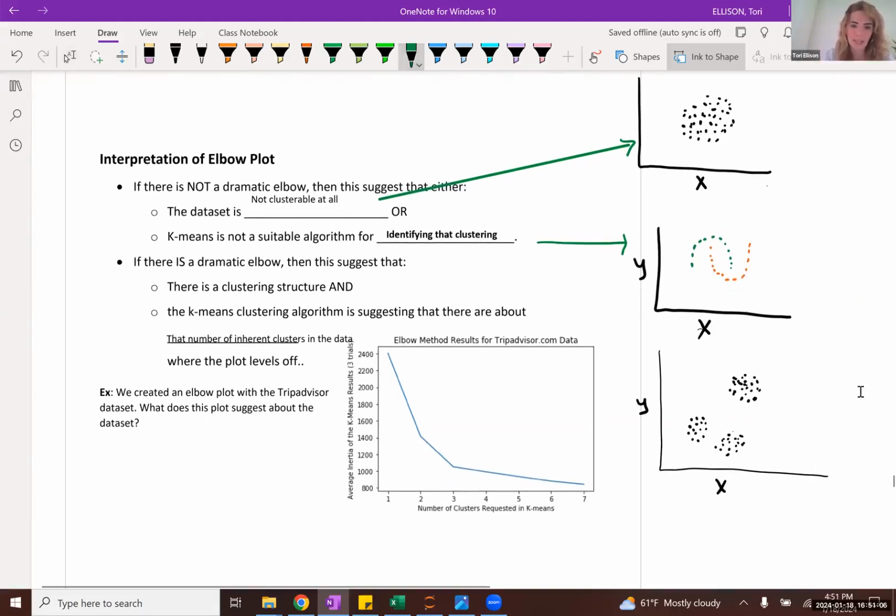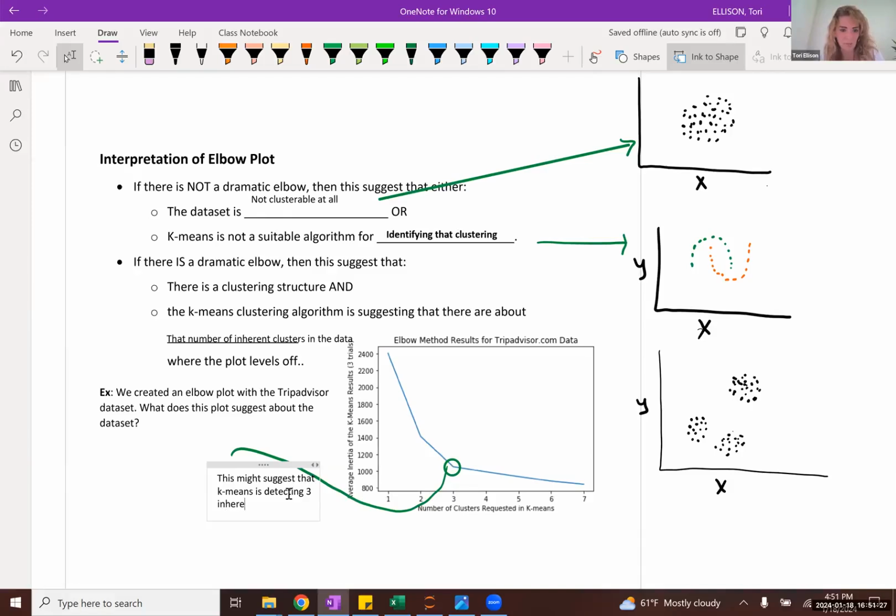So for instance, I'm looking at this elbow plot here. I see the most leveling off here. So what that might suggest, or at the very least, is that it's detecting 3 inherent clusters in the data.